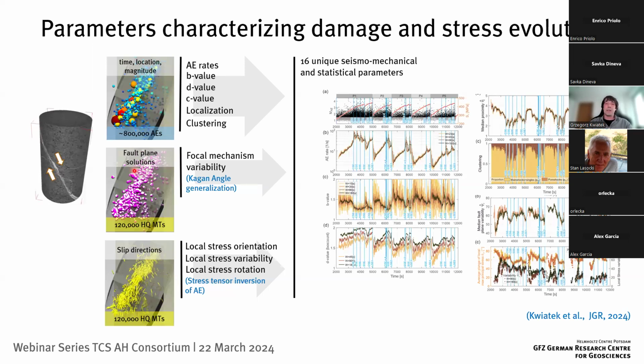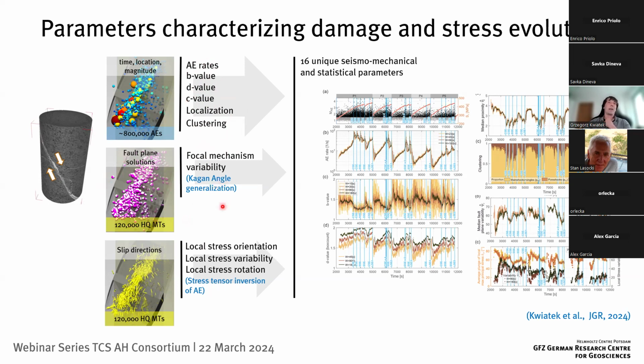These parameters were derived as time series from an acoustic emission catalog containing 800,000 acoustic emission events and 120,000 full moment tensors. I mentioned a lot of these parameters already. They included basic statistical properties such as acoustic emission rates or seismicity rates, b-value, fractal dimension, correlation integral, and many measures derived from localization and clustering.